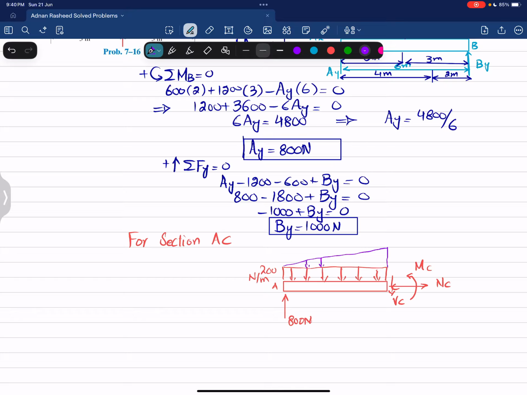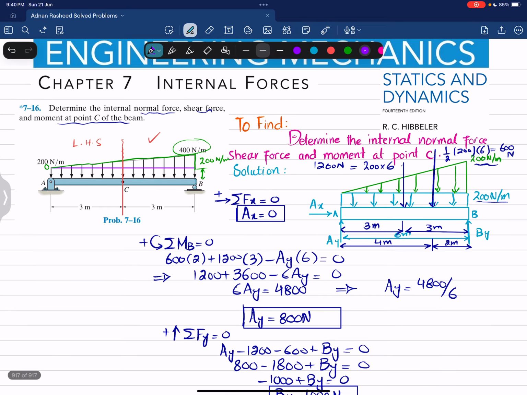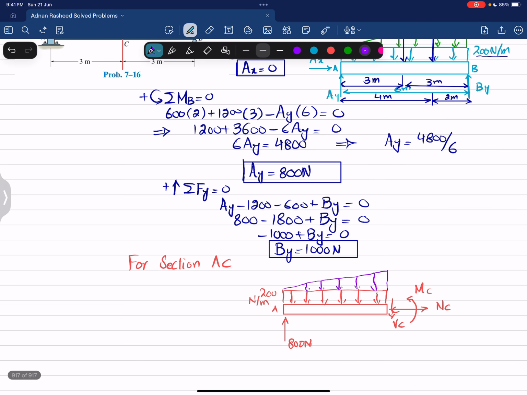So this will be triangular load starting from 0 and till mid. You can see this is 200, here it is 0, and here it will be 100 because it is at the mid, and at the end this is 200 meter. So here we can write 100 Newton per meter, and the total length of this beam is 3 meter where it is sectioned.